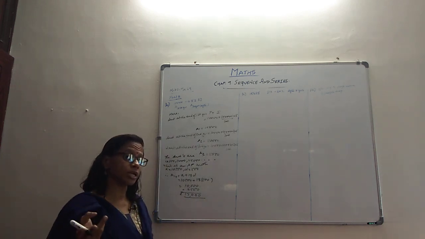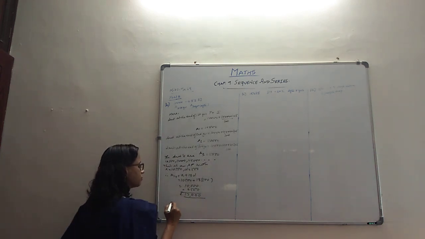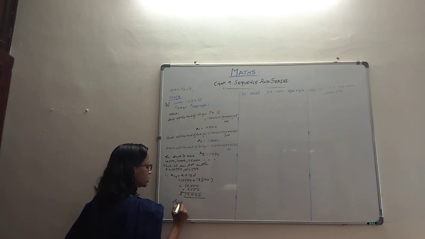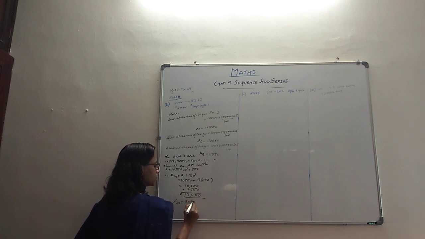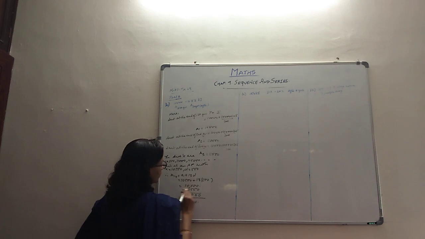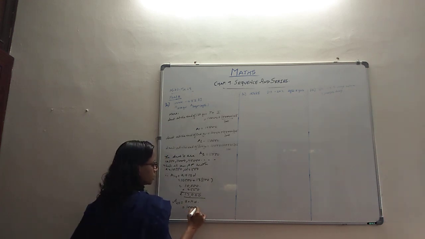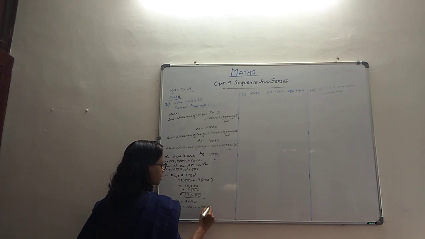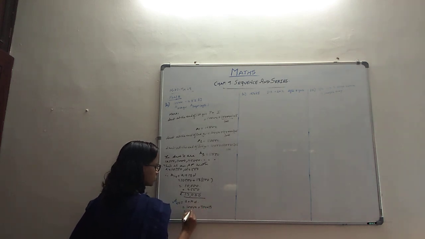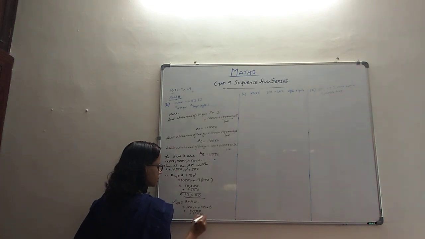Now he wants the amount at the end of the 20th year. That was very well defined. Amount at the end of 20th year is A plus 19D by formula. D is 500 and 19, this also 95, so 9,500.